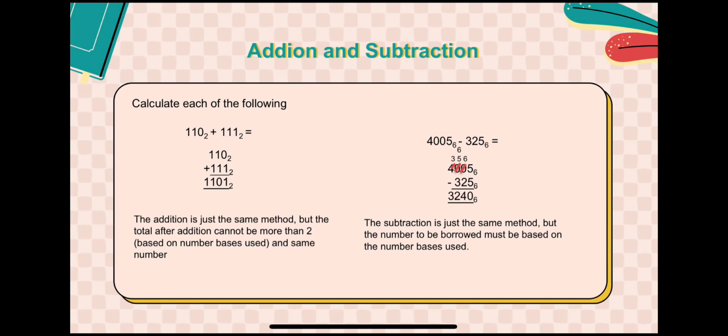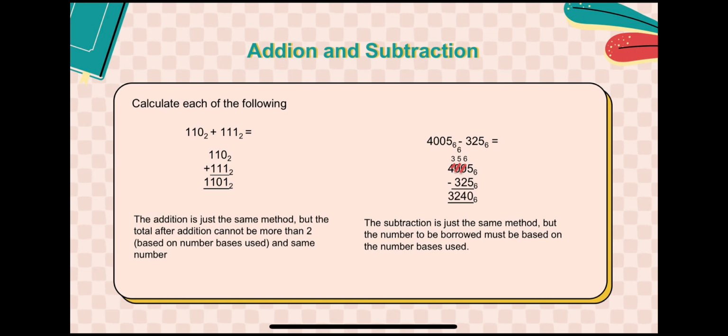For the subtraction, it is 4005 base 6 minus 325 base 6. For subtraction, we use the same method that we learned in primary school.